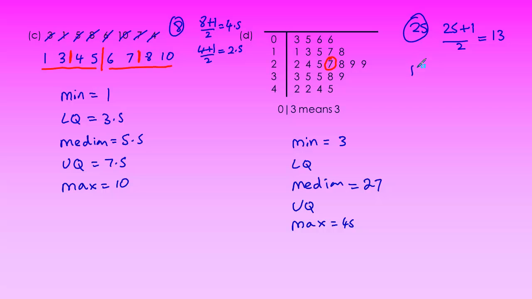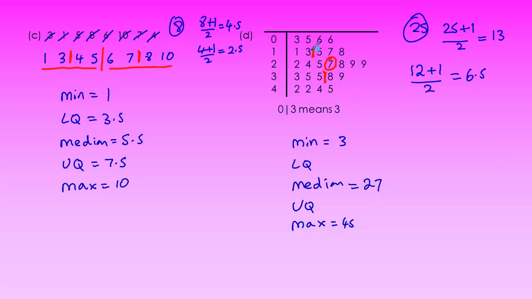So the sublists have 12. 12 add 1 divided by 2 is 6.5. So 1, 2, 3, 4, 5, 6. So we need to be in this gap for the lower quartile. We need to be in this gap for the upper quartile.